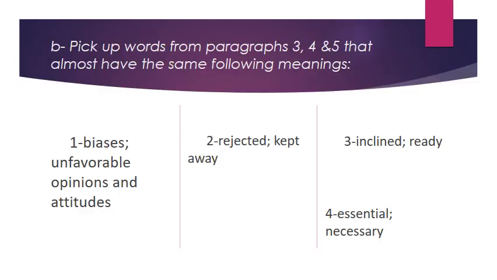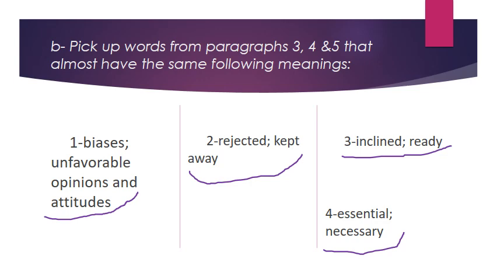Pick up words from paragraphs 3, 4 and 5 that have the following meanings. We have the meanings here, and you should search for their synonyms from the text using the context clues to figure out their meanings.